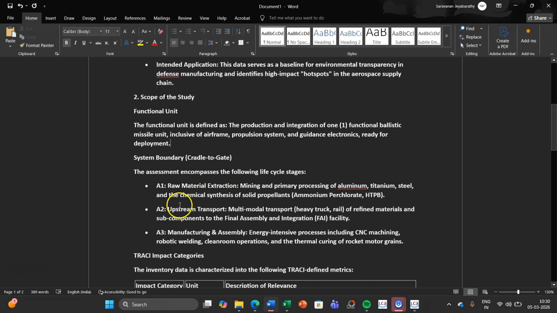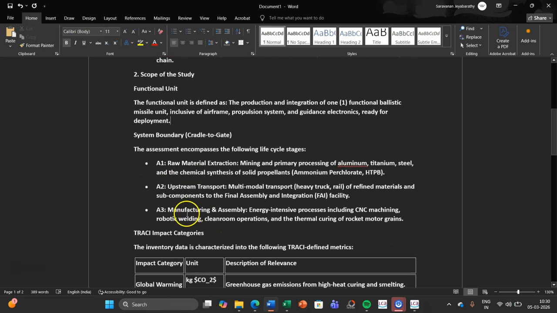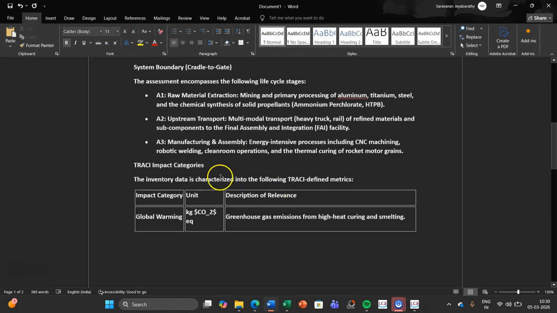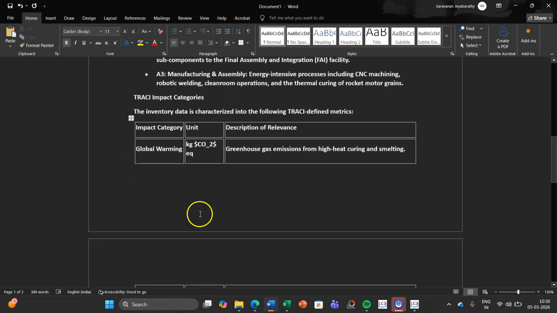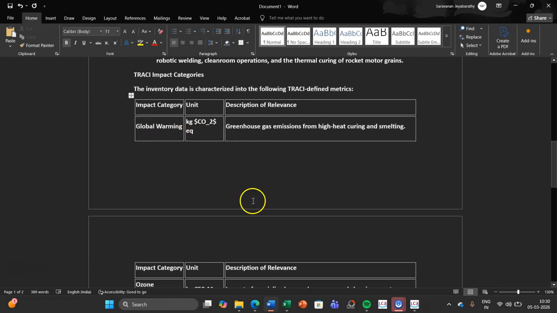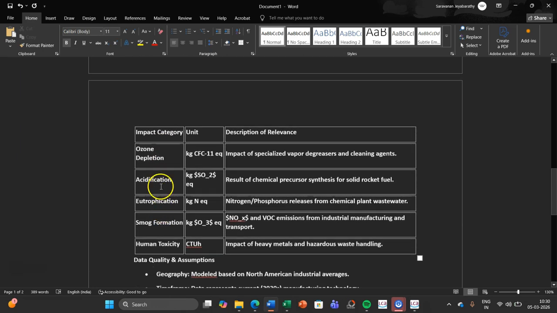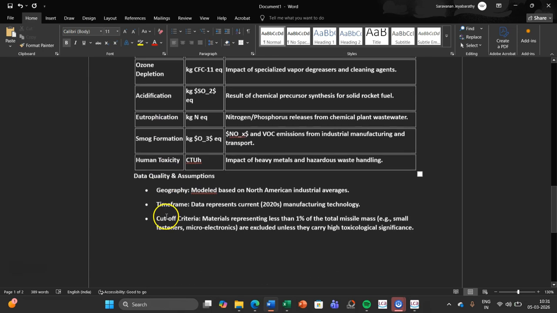System boundary: A1, A2 and A3. In A3, energy processes including CNC machining, robotic welding, clean room operations and the thermal curing of rocket motor grains. The methodology that we are going to use is DRACI, and these are the impact categories that we will measure: global warming, ozone depletion, acidification, eutrophication potential, smog formation and human toxicity.